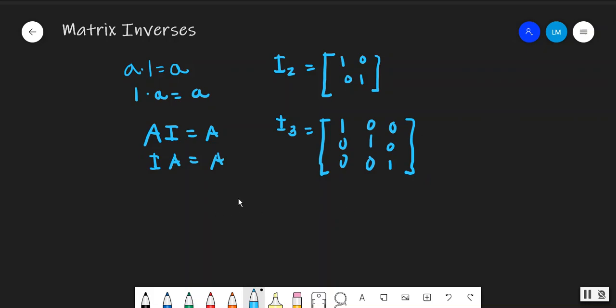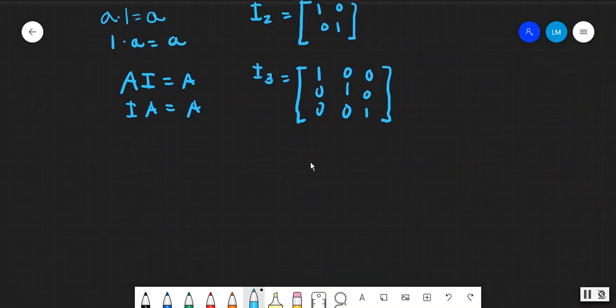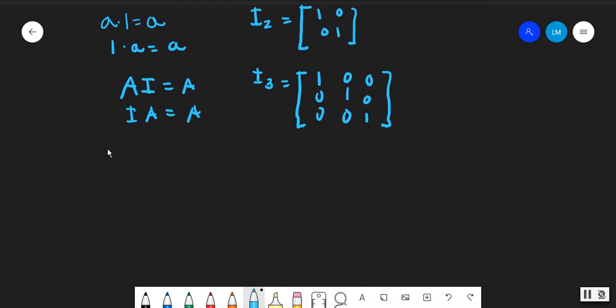But then we can generalize this to another matrix that we call I sub n.